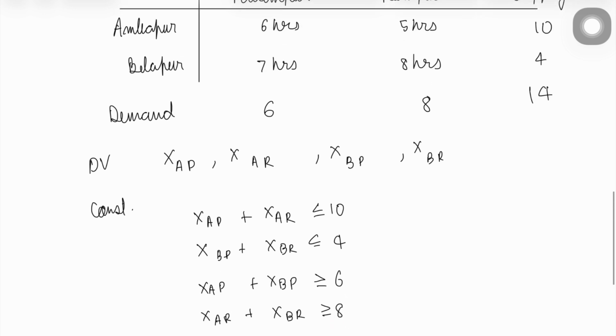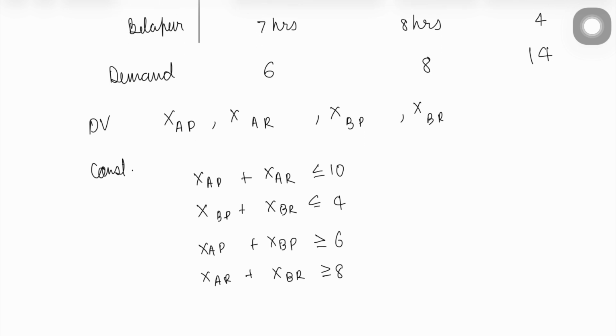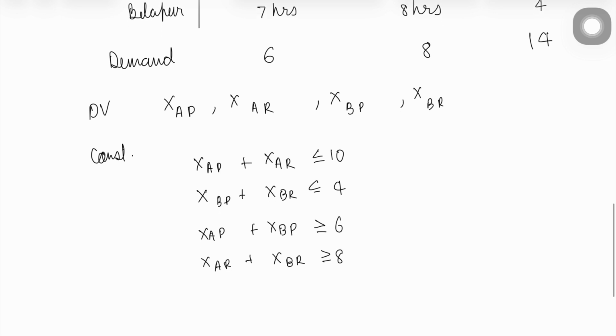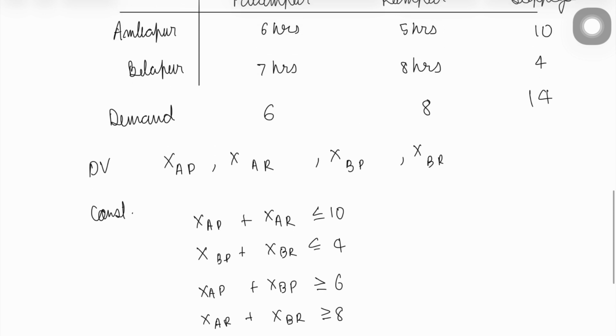Although this is balanced, it is advisable to use the inequality. From a supply point of view, you can't supply more than that, that's why we are taking the less than equal to sign, whereas for the demand, at least that much demand has to be fulfilled. That's why we are taking the other sign. So now these constraints are done.